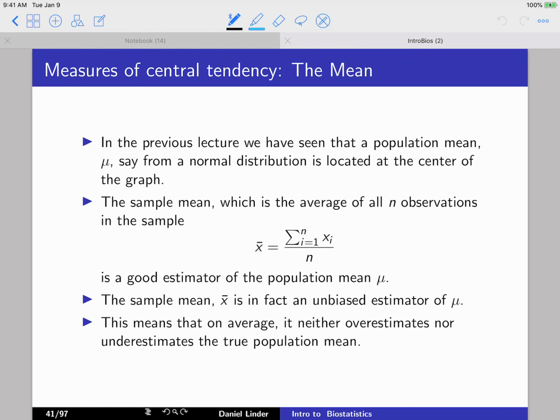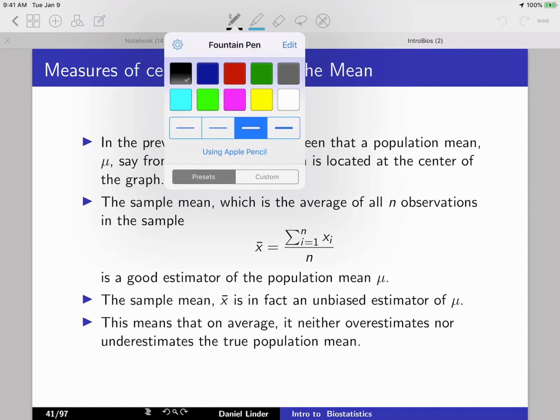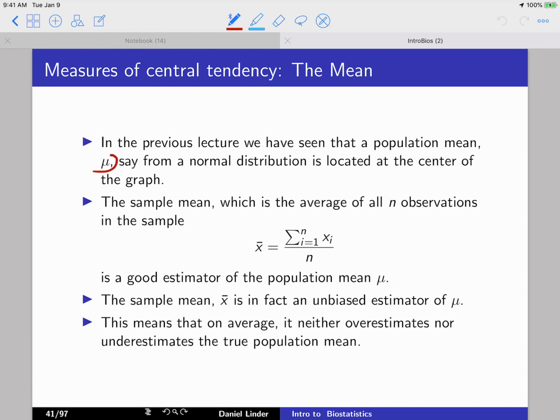So in the previous lecture, we talked about the mean, and usually for a theoretical distribution or for a population mean, we've denoted that by mu. I've had a couple emails from students about why are you using these Greek symbols.